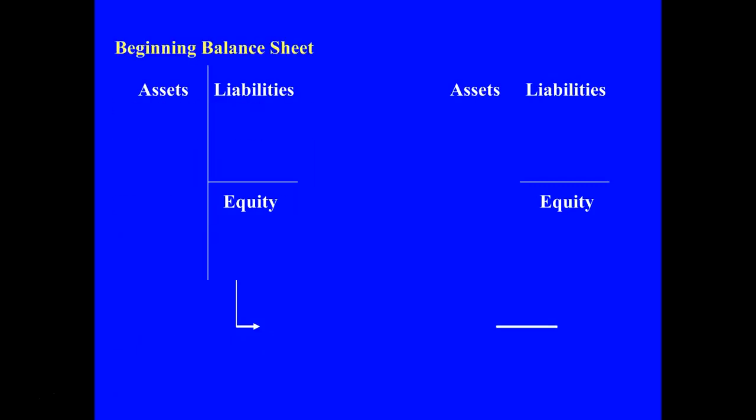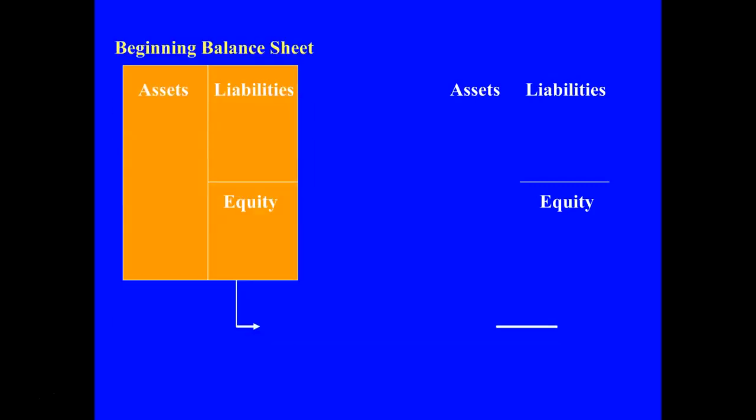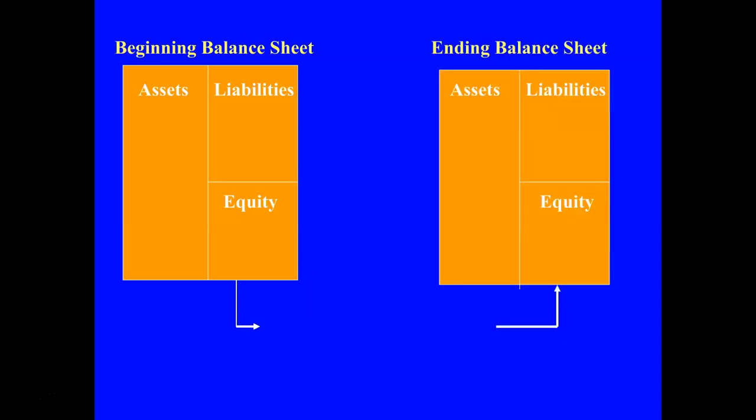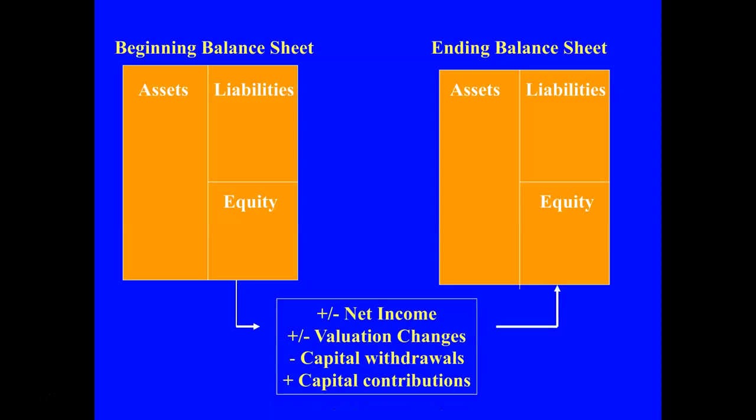This is about a chart, a balance sheet. The left section is about the assets, liabilities, and equity, and that relates to the net income. The right side is the ending balance sheet.